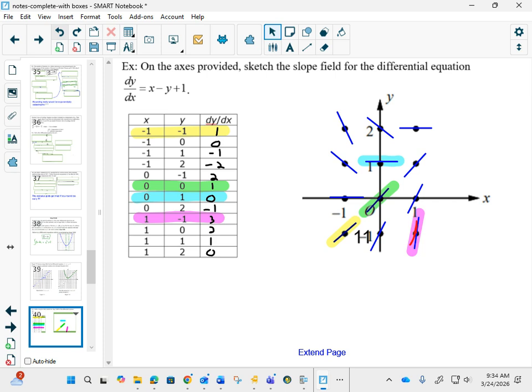So fill in some values for the next ones and draw your slope fields.